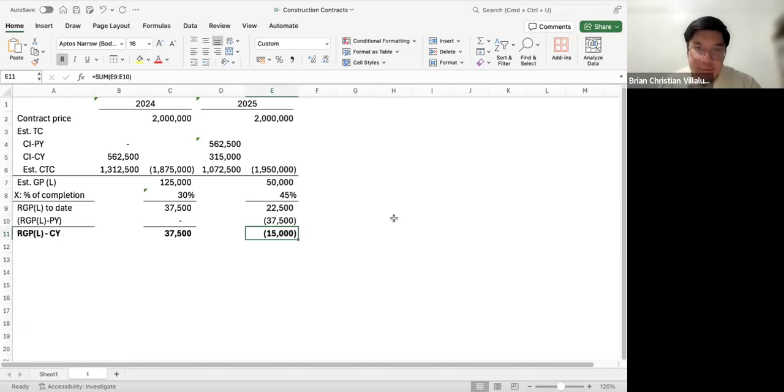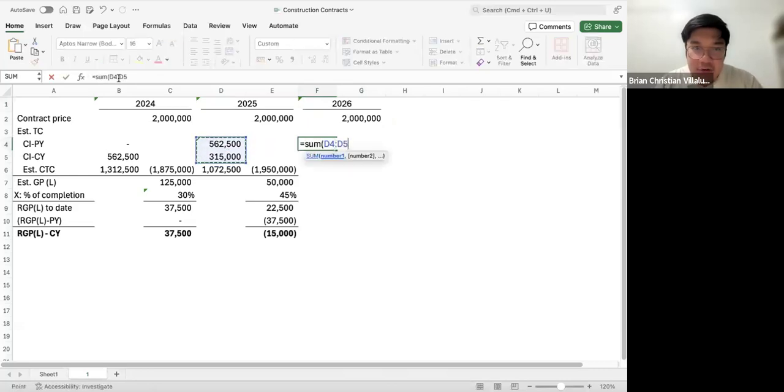Sige. Next. Let's proceed to the third year. 2026. Contract price mo is still at 2 million, right? Now, CIPY, so kukunin mo ulit yung cost incurred to date ng last year, which is ito, 562,500 plus 315,000.